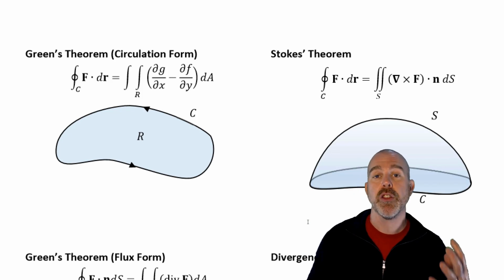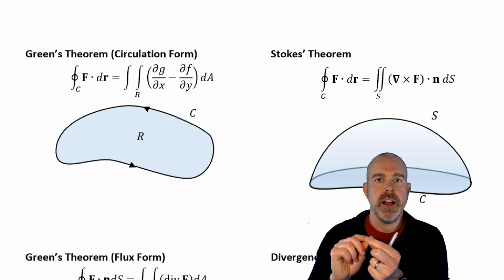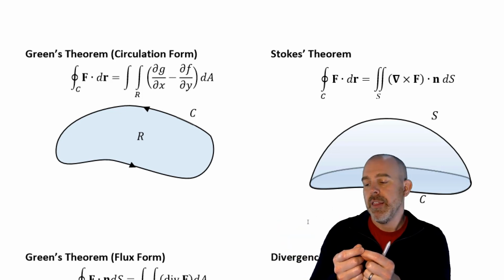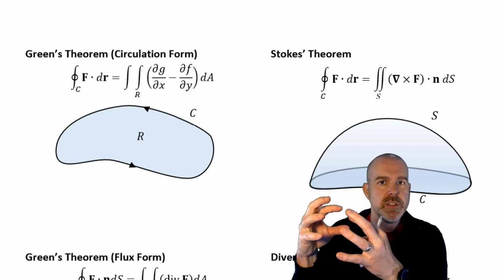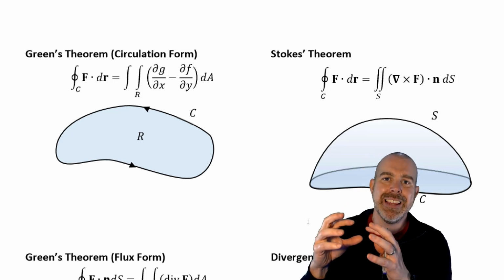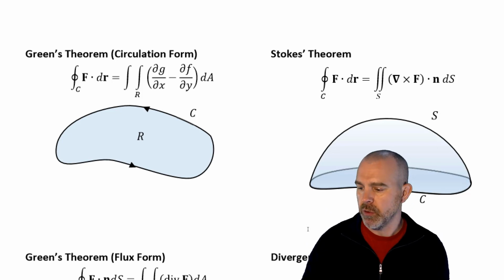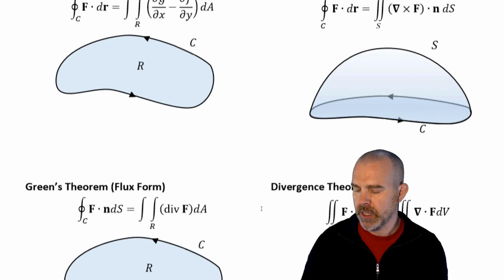Its corresponding three-dimensional version is Stokes' theorem: the circulation on the three-dimensional curve that is the boundary of some surface should equal the integral of the three-dimensional curl over that surface.